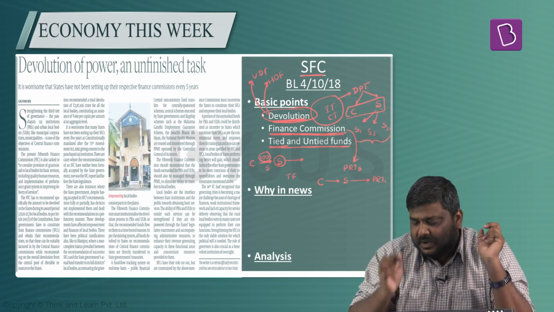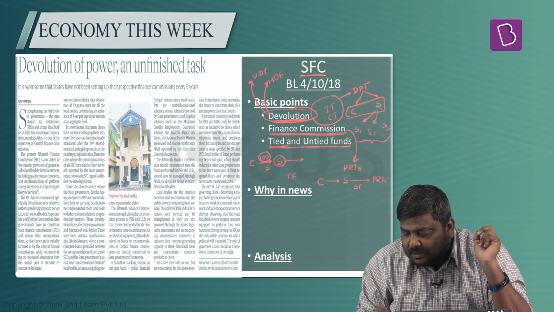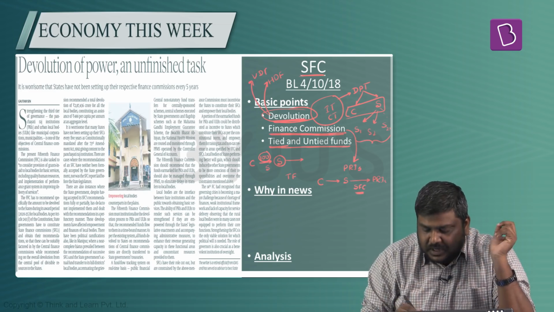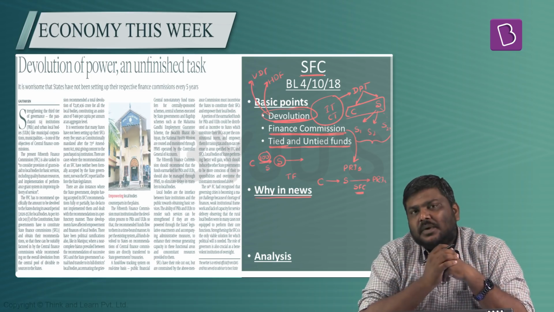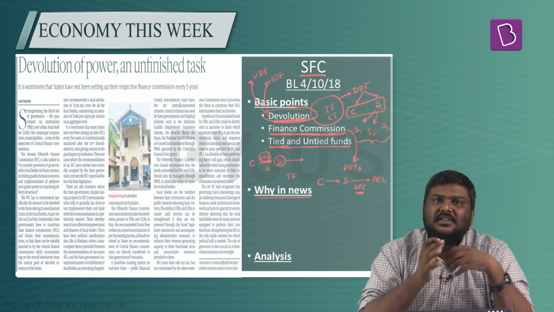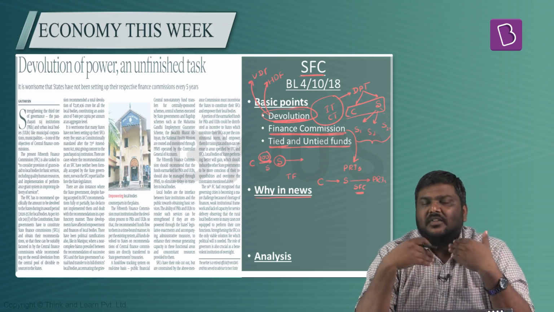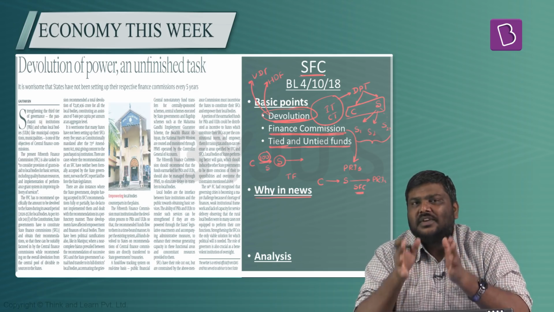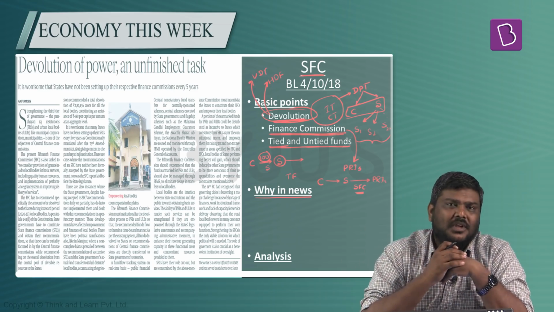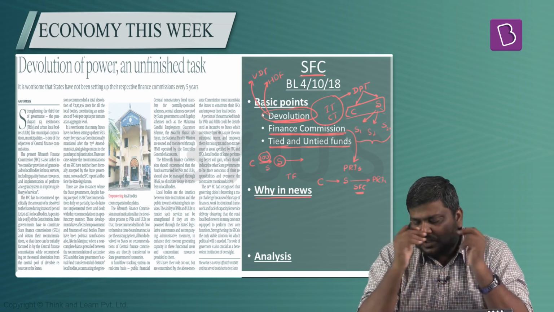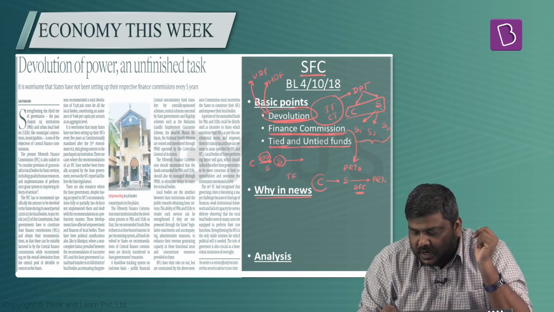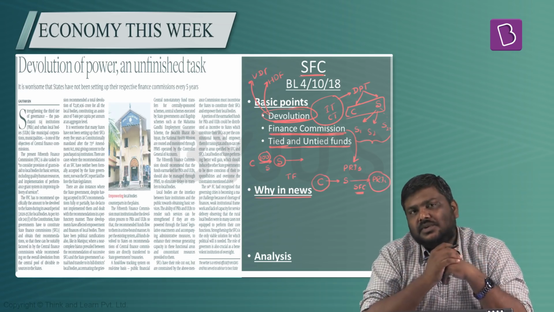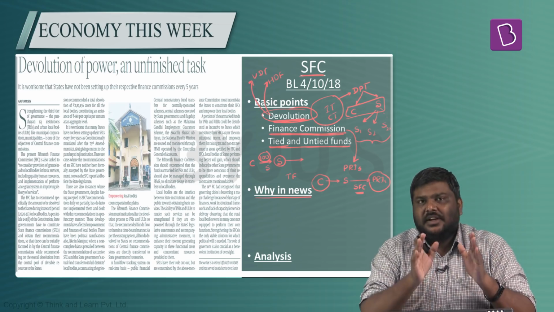But for this to happen, the state government has to set up the State Finance Commission. This issue was in the newspaper because an expert has written that certain things have to be implemented in the coming days because the recommendations of the 15th Finance Commission are going to be announced soon. So what can be done to ensure that whatever funds are allocated under the Finance Commission will reach the Panchayati Raj institutions? This article is related to that.